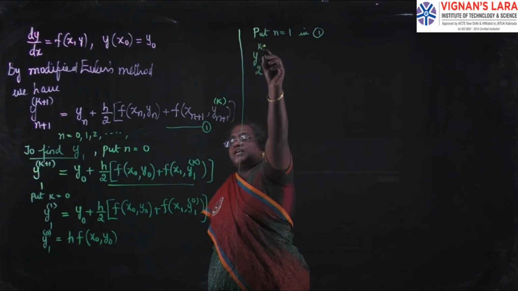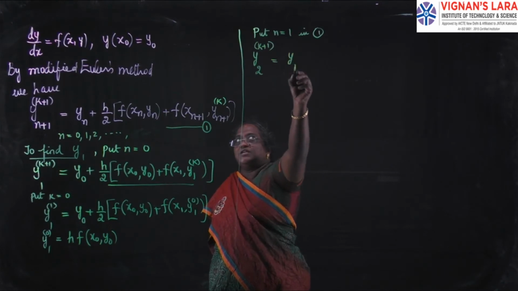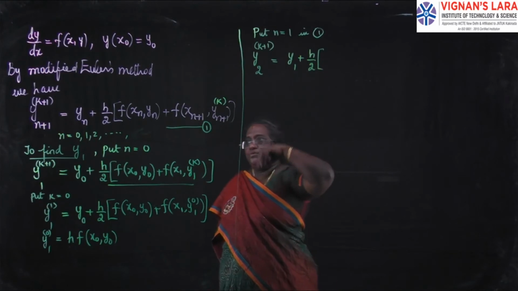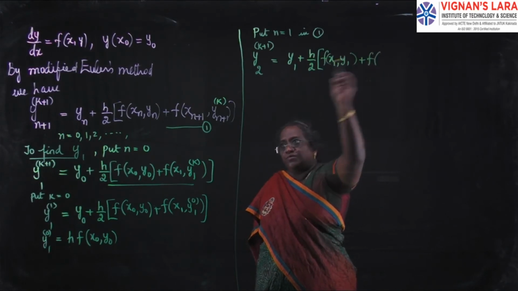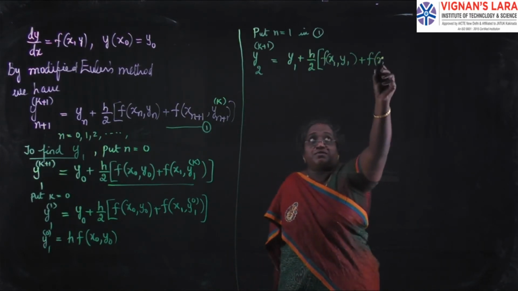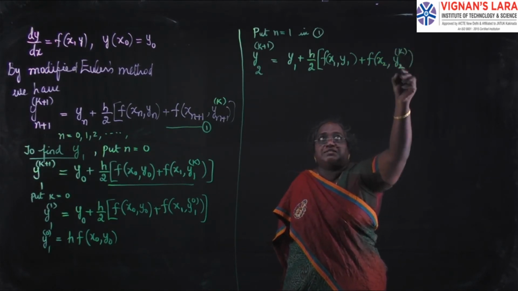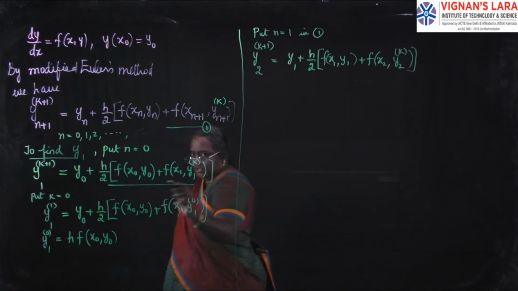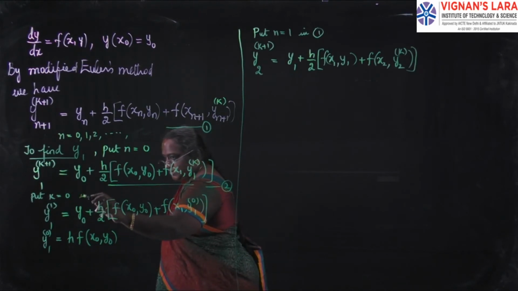We don't change k anything here; when we start doing the problem, we change it. With n as 1, y2 is y1 plus h by 2 into f of x1, y1 plus f of x2, y2, k only.